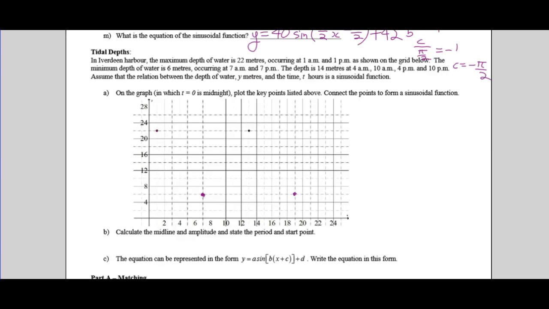This is by 1s. The depth is 14 meters at 4 a.m. So 4 a.m. is 4 hours after midnight, and we've got 14 meters, so there. At 10 a.m., which will be 10 hours after midnight. And 4 p.m., what's 4 p.m.? 16. And 10 p.m., which is 22.